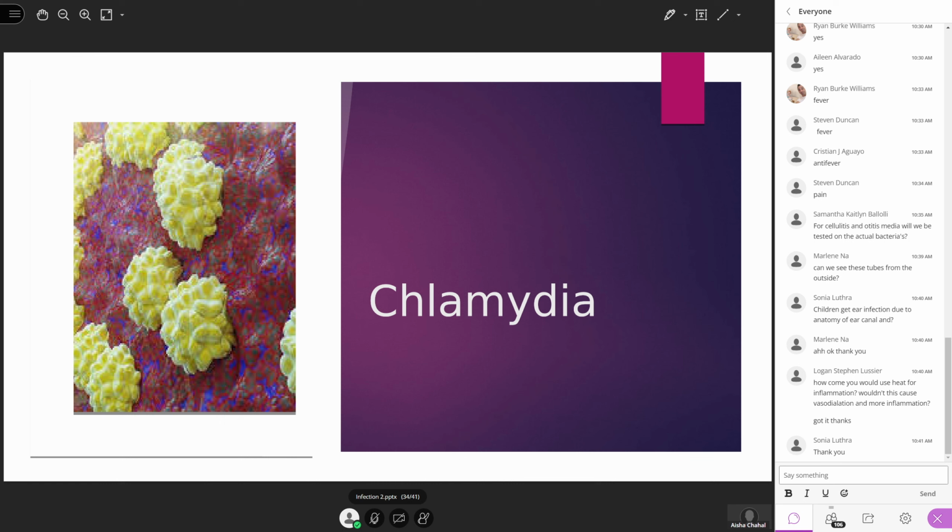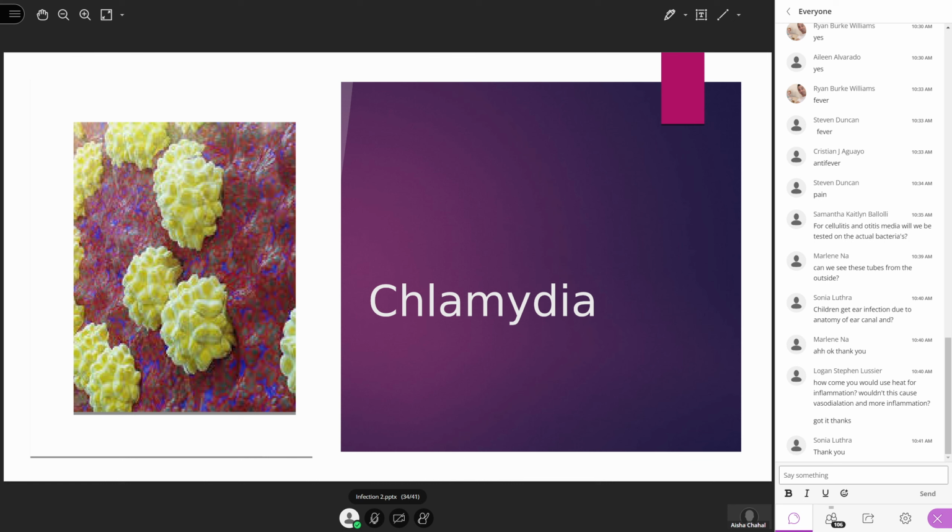We touched base on it last semester when we talked about STIs, sexually transmitted infections, right? And the major thing that we talked about in STIs was to really decrease the stereotyping, or completely stop the stereotyping, of STIs.